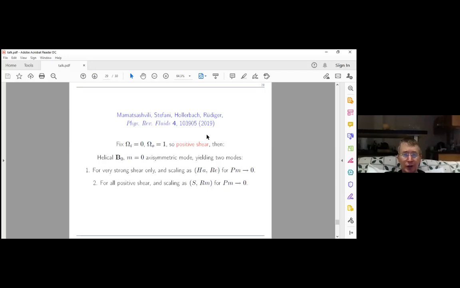So everything that I said before, everything about all of these various MRI variants, was in the case where the angular velocity decreases going outward. We considered that because it is the case most relevant to the astrophysical accretion disk problem.